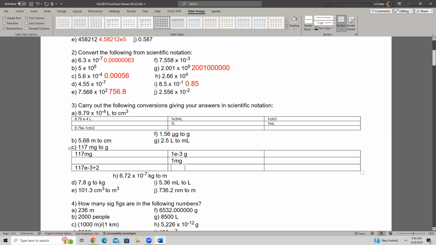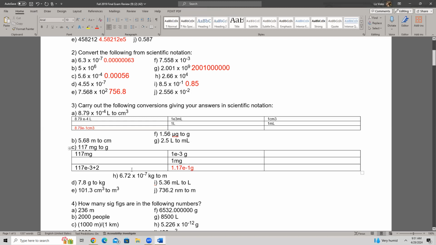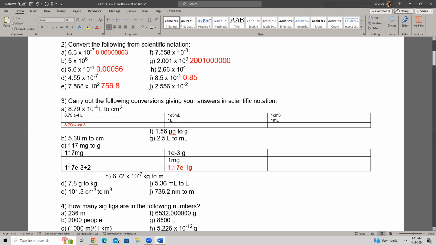So it's going to be 1.17 e to the negative 1, and that would be grams. Don't forget the units. I'll go ahead and color the answers in red so that way you'll know which one's the answer officially. Okay. All right. There we go. All right. I'm going to tab that one over too because this is getting my nerves.